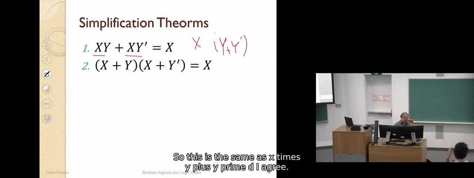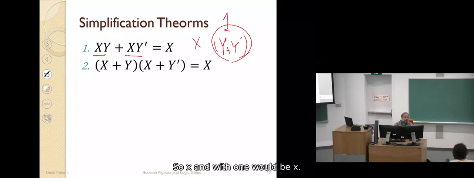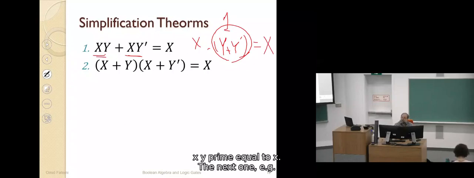Do you agree? xy plus xy prime, you get x, and then it becomes y plus y prime. And we have talked about y plus y prime: it would be 1. So x AND with 1 would be x. So you see xy plus xy prime was equal to x.